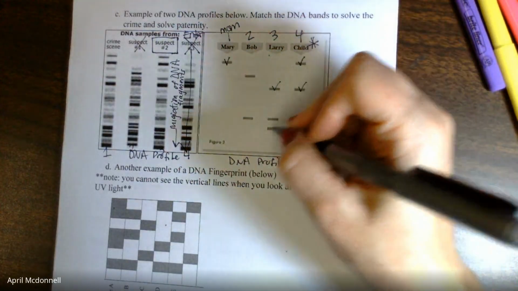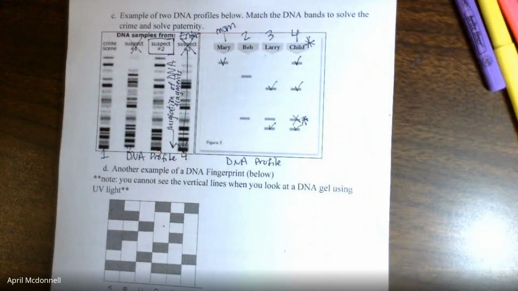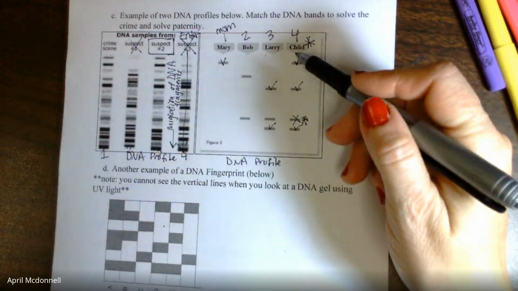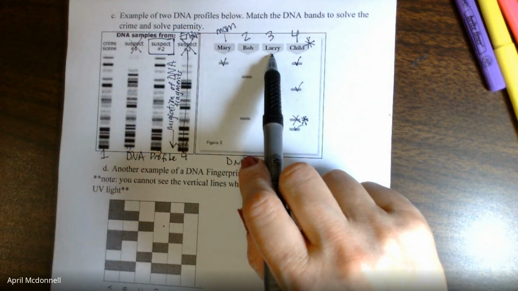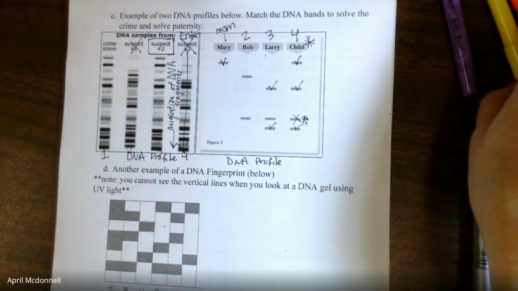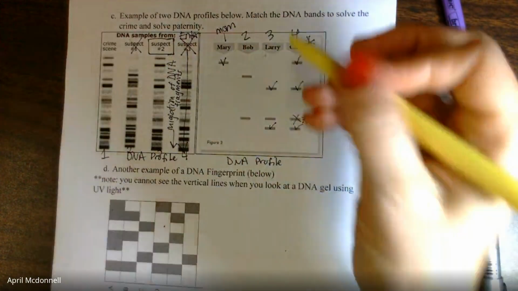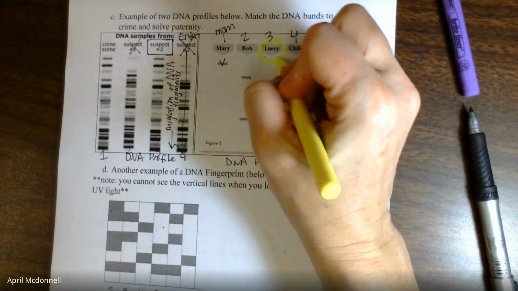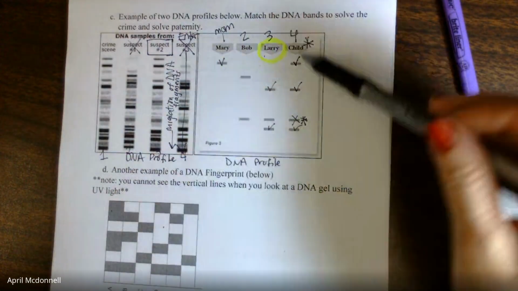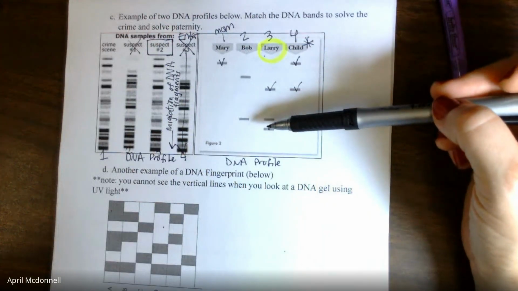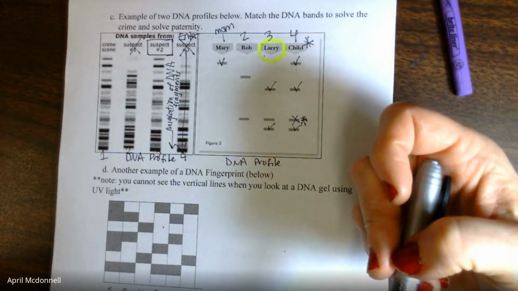And then our fourth band looks like it matches up with Larry. So the child has much more DNA that is matching up with Larry. Therefore, we are going to say Larry is the father. The child's DNA bands and Larry's DNA bands have the most matches.